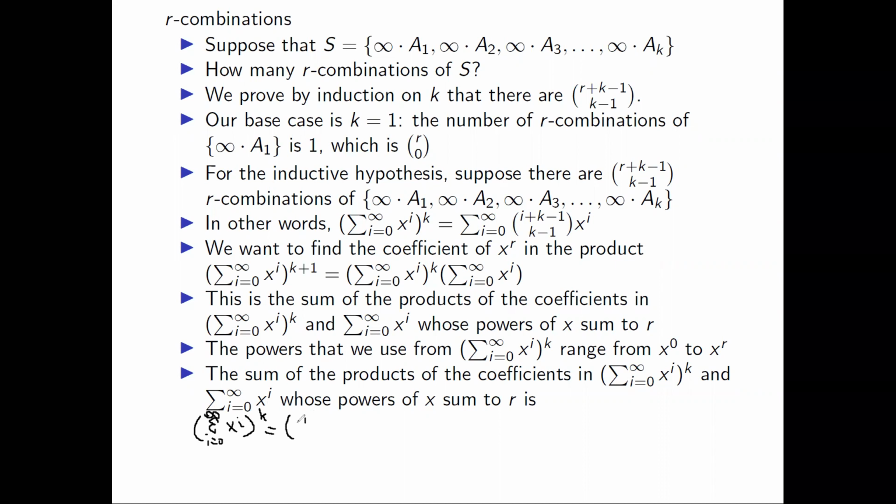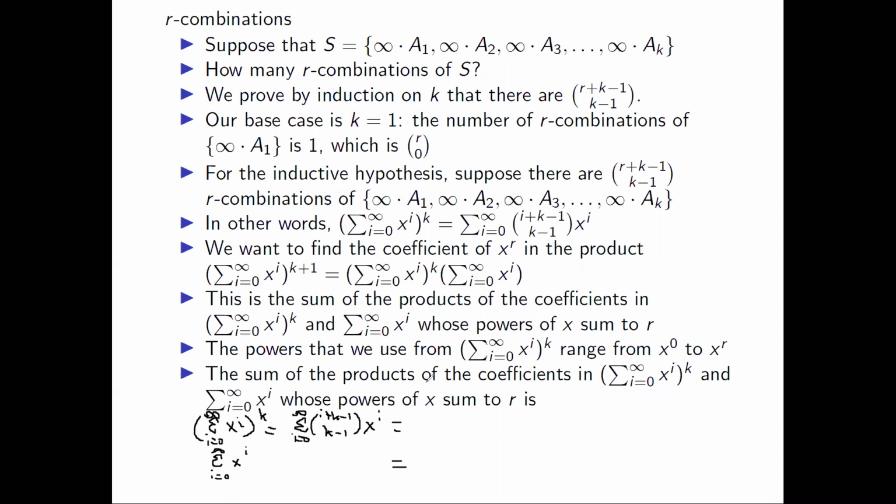This is equal to the sum i equals 0 to infinity of i plus k minus 1 choose k minus 1, times x to the i. I can get rid of that extra parenthesis, it's unnecessary. And similarly, the other polynomial I can write down here as the sum i equals 0 to infinity of x to the i. We'll put them one above the other.